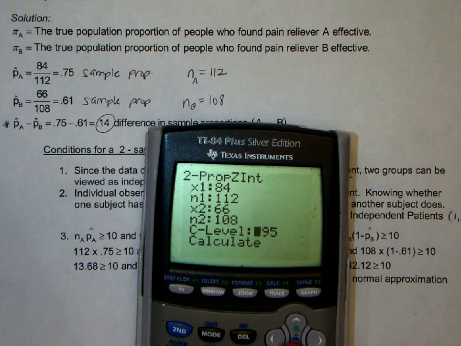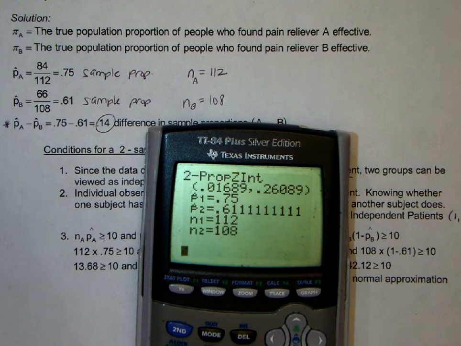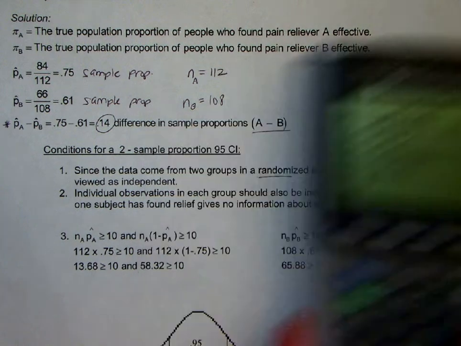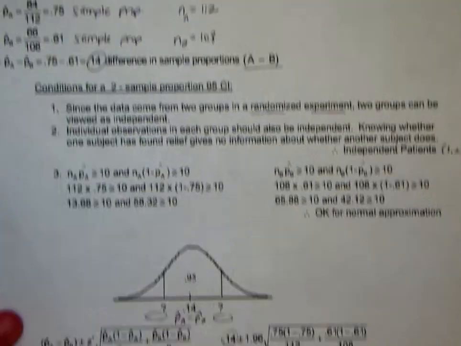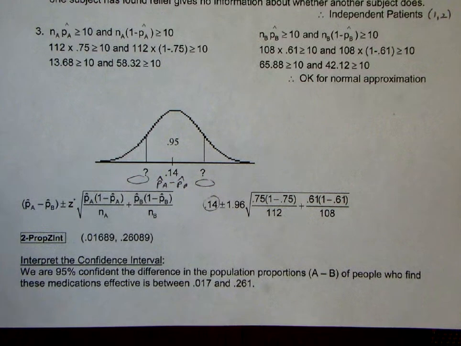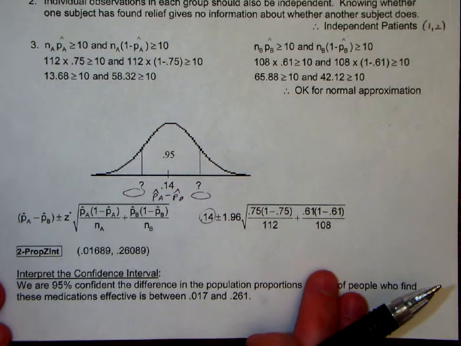We're doing a 95% confidence interval. You're going to hit calculate and it's going to spit out your confidence interval. So it looks like we've got between 1% and 3% difference in the amount of people who are finding the medication effective. So I come down here, copy those numbers down, and we interpret the confidence interval.